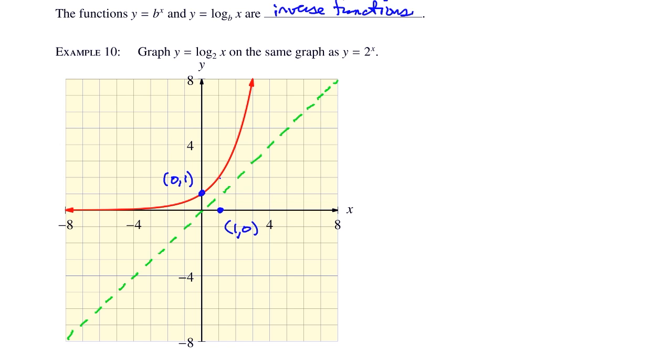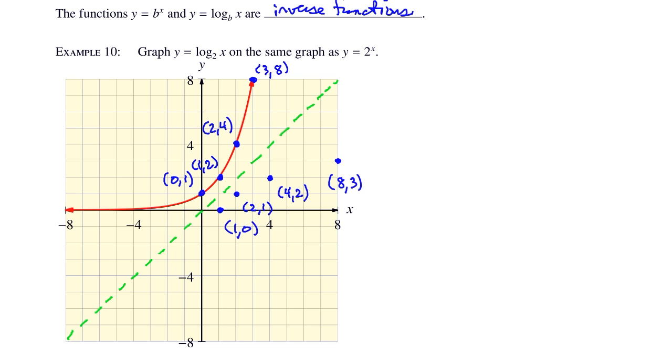Another point is 1, 2, and that switches over to 2, 1. Another point would be 2, 4, and that's going to switch over to 4, 2. One more point on the right side: this is 3, 8, which changes over to 8, 3.